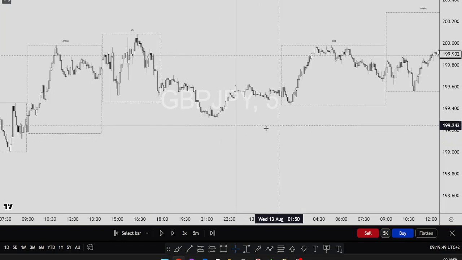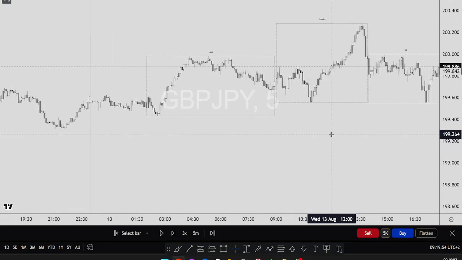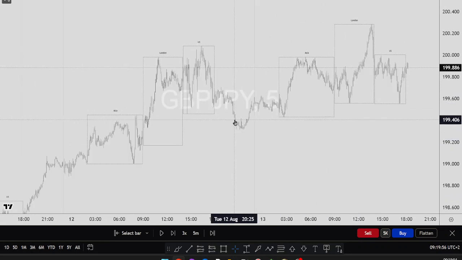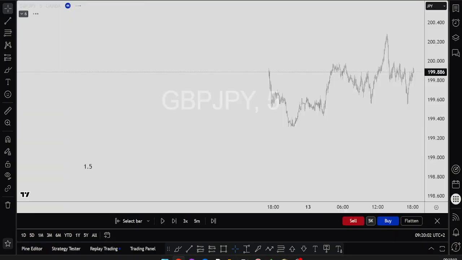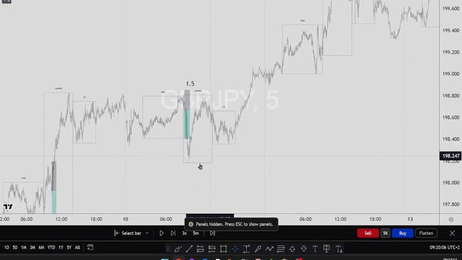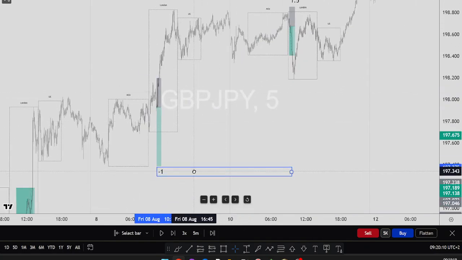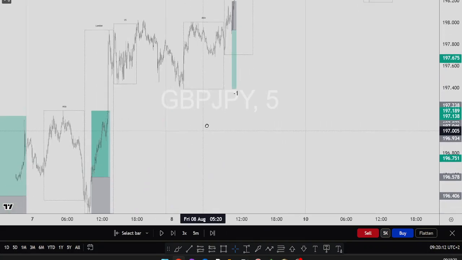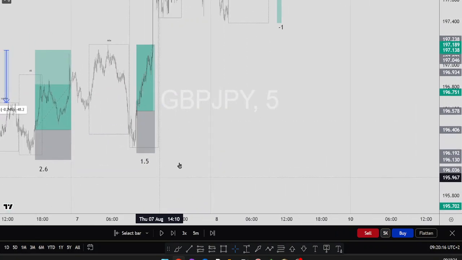Okay, and there we go. Let's see if we get some math. Okay, I may have made some mistakes, but okay, what happened now? Ah, yes, that's why I did that. Okay, so we got 1.5 minus 1, minus 0.5, 1.5 again.